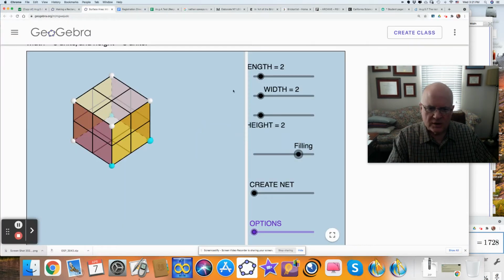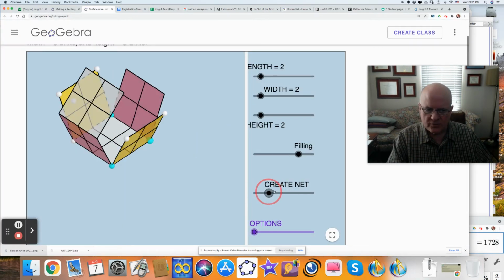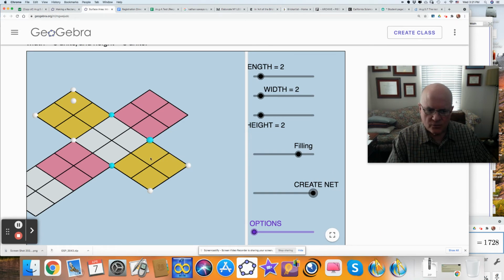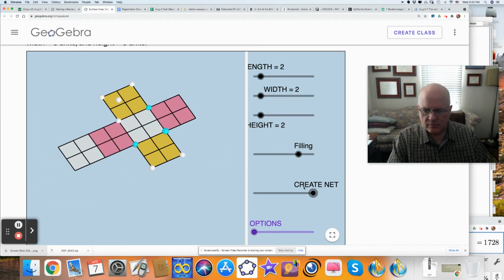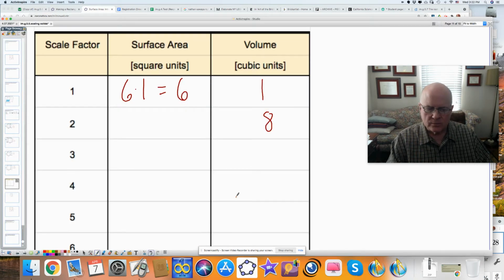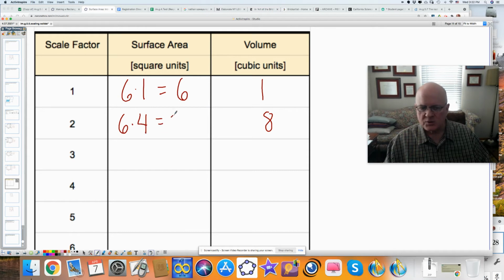And my surface area, we can create a net, we can unfold this thing. The area of one face is 4, and there's 6 of these, 1, 2, 3, 4, 5, 6. So it's going to be 6 times 4, which is 24, my surface area of this thing.